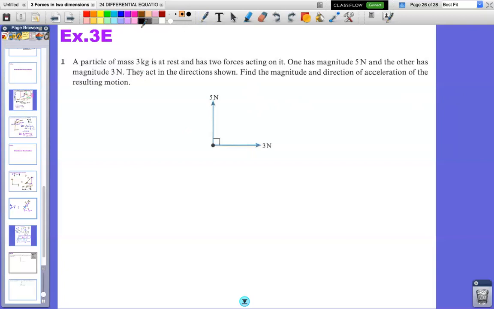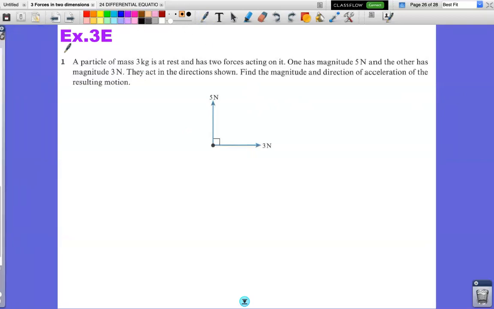Okay, so 3E, I'll solve a couple of them. The first one says a particle of mass 3 kilograms, M is 3 kilograms, is at rest and has two forces acting on it. One has magnitude 5 newtons and, no, the forces cannot be in equilibrium.